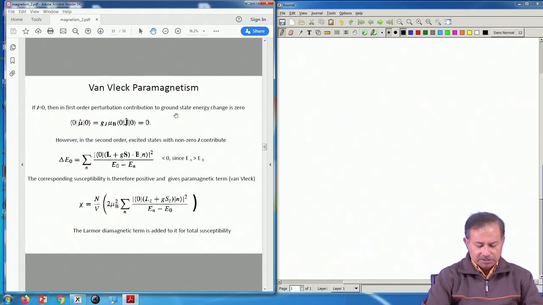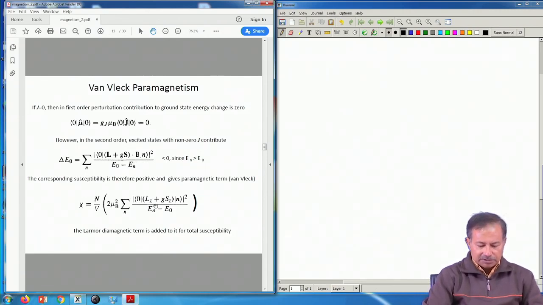Again, if J equal to 0, the first order perturbation contribution is 0, as I said, and therefore you are only left with, for the paramagnetic contribution in second order perturbation, this is the only term that is left, plus the Larmor diamagnetism term.